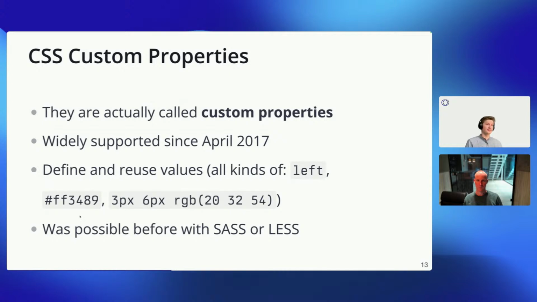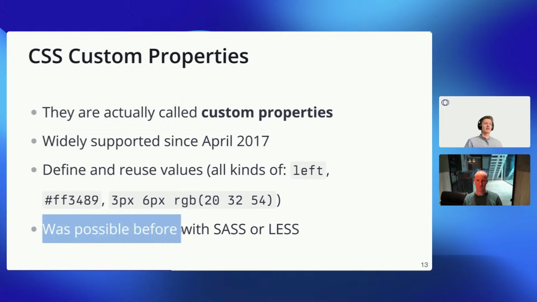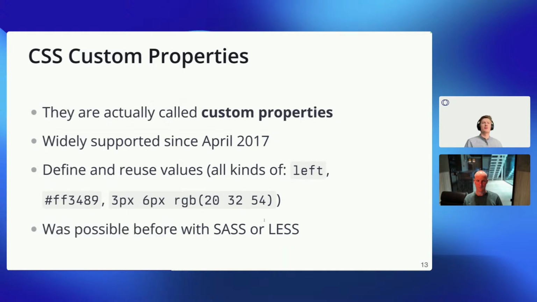Note this was possible before with Sass and Less, and these were CSS preprocessors, meaning you write code locally on your computer in a file. You could then define variables, but then you would run a build script, and in the end, the build script would replace all the variables with the actual values. So in the output CSS, there were no variables left.